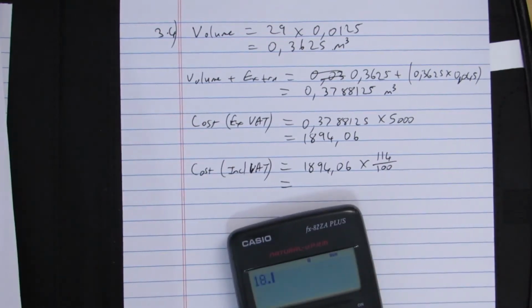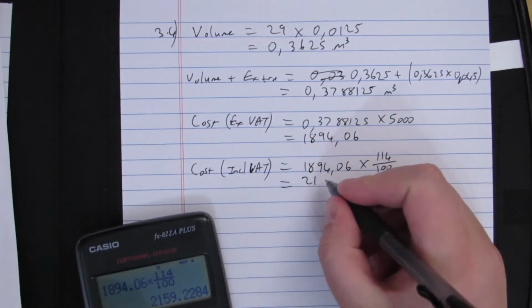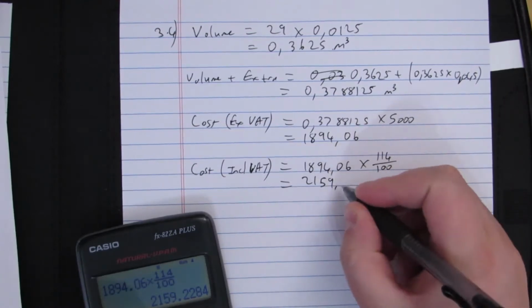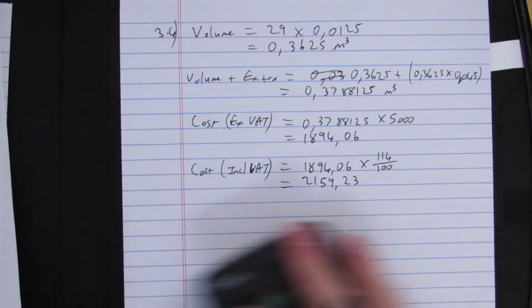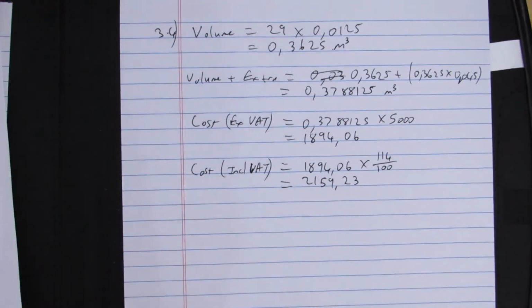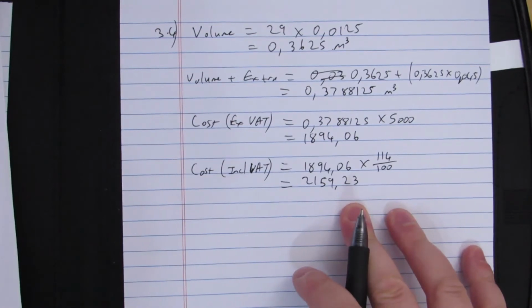So 1,894.06 will give me 2,159 rand and 23 cents for the wood. Okay, so we're happy with that. So that's the cost of the wood, including the VAT.